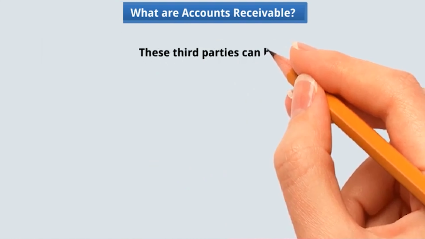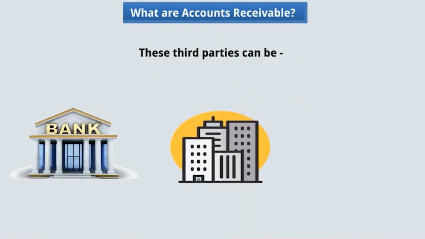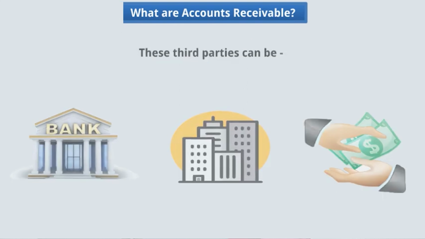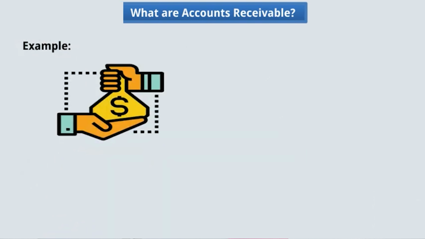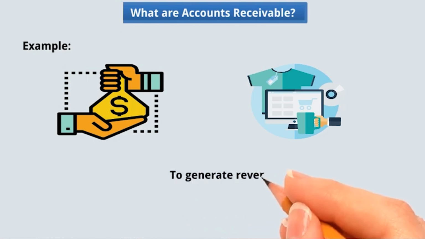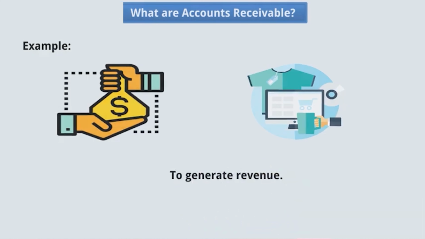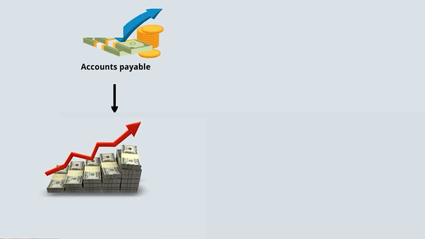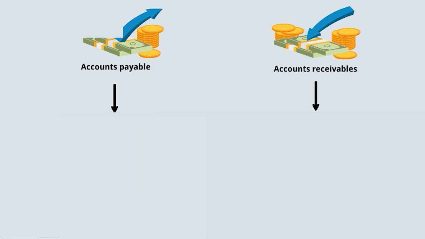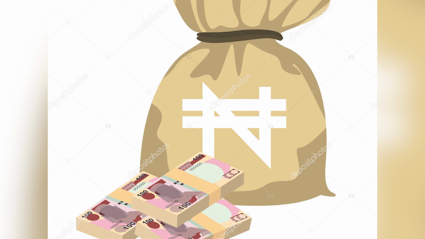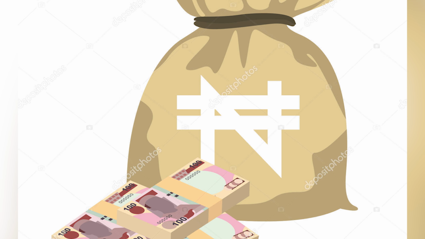So what is accounts receivable? Accounts receivable is the money or money's worth that customers are owing the organization as a result of credit sales, that is, as a result of goods sold to customers on credit. In the illustration I gave earlier, the accounts receivable is the 1,000 naira worth of bread that was sold to Juliana on credit.